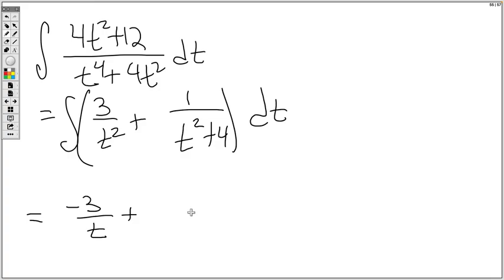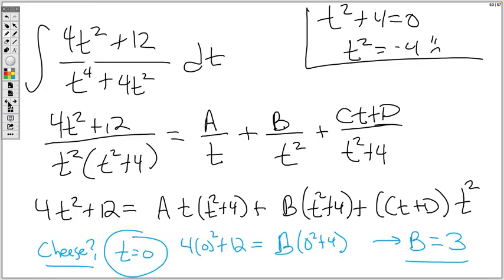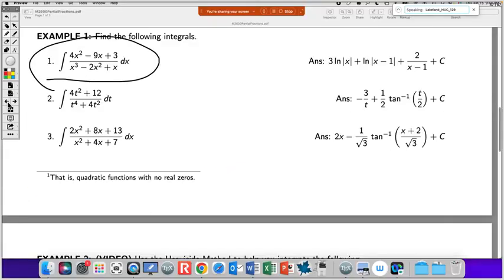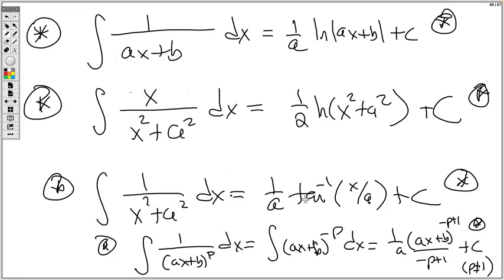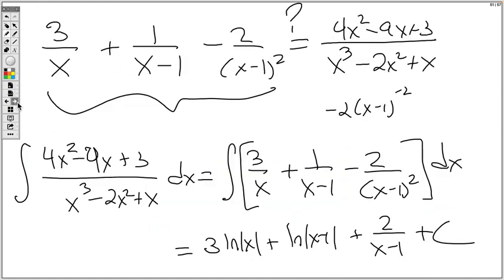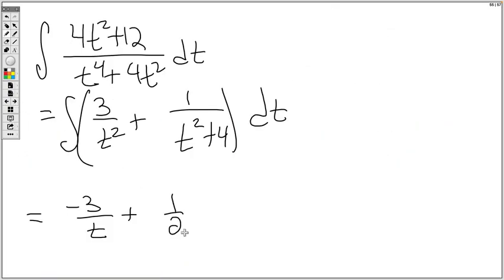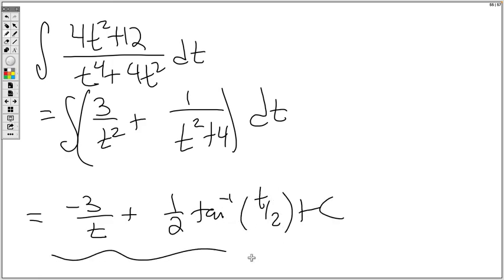This is an inverse tangent formula. That'd be a half inverse tangent t over 2 plus c.